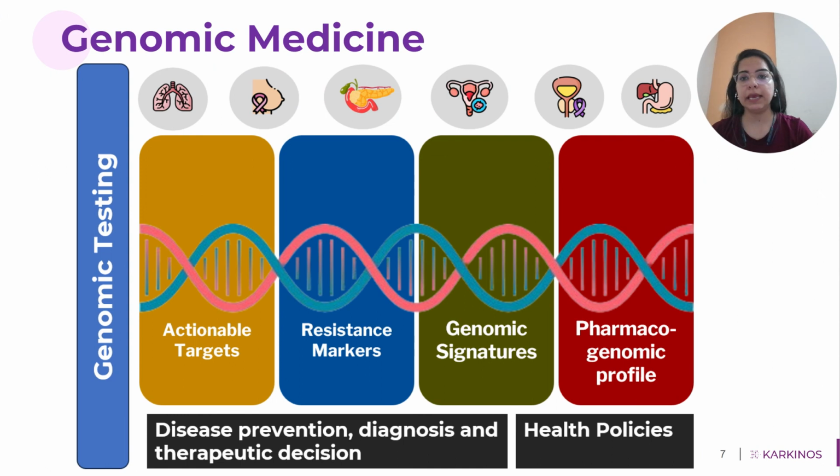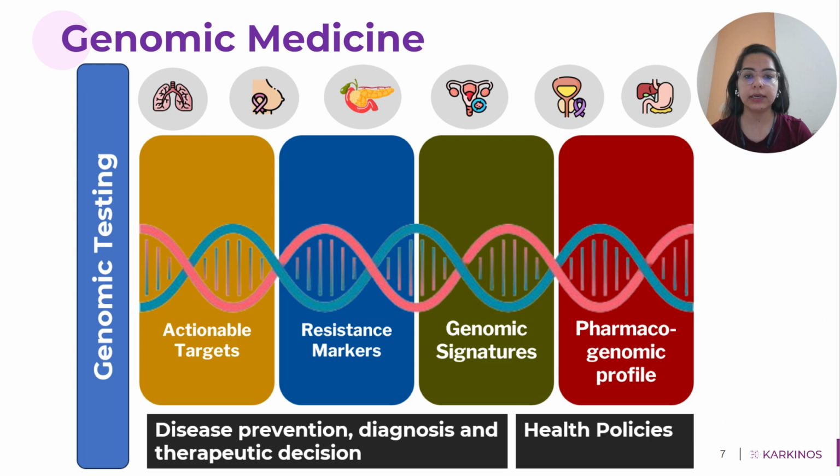So in this era of precision medicine, the capacity of genomic testing is not restricted to finding the actionable targets, but also extends to digging out the resistance markers, which would indicate which therapy is not likely to work in certain patients.